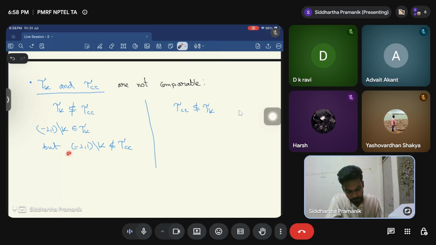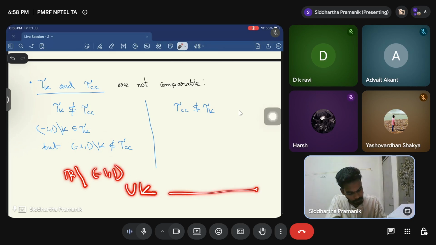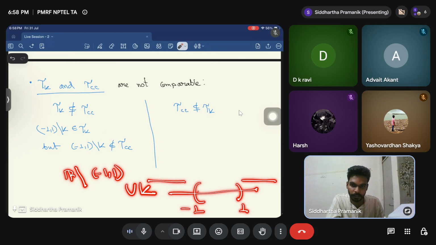What will be the complement of this set? It will be R minus (-1, 1), union with K. If you see the real line and here is -1 to 1, these elements and these elements are in the complement. So this is an uncountable set.